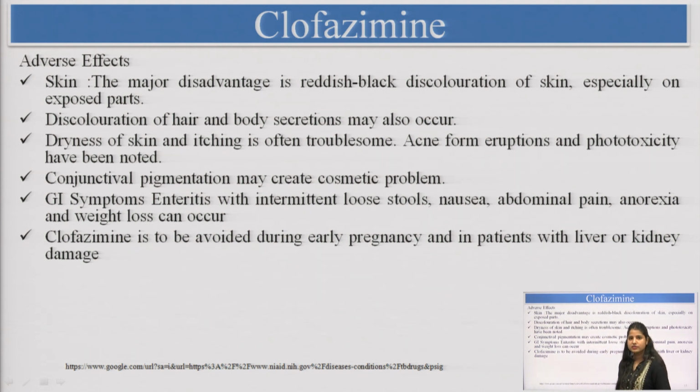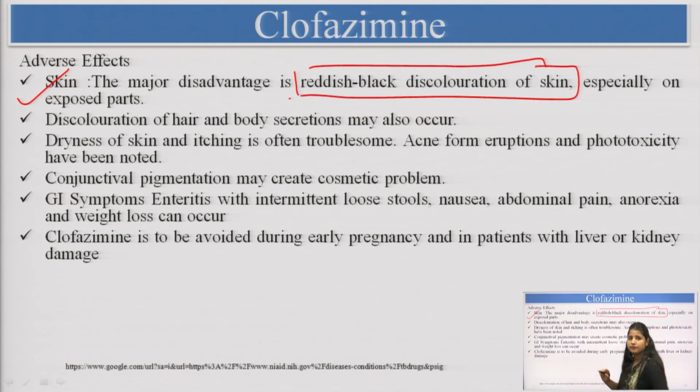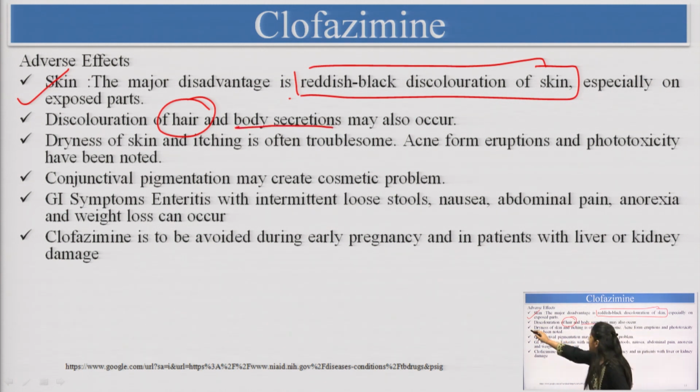Now, see what the adverse effects of this drug are. First is skin. There will be reddish black discoloration of the skin, especially the exposed areas. There will be photosensitivity and phototoxicity reactions, and discoloration of the hair and body secretions. Dryness of the skin.